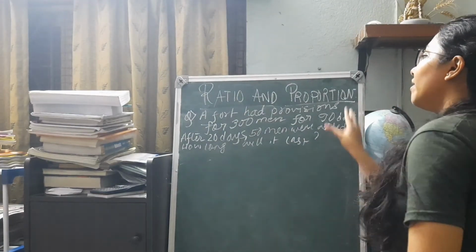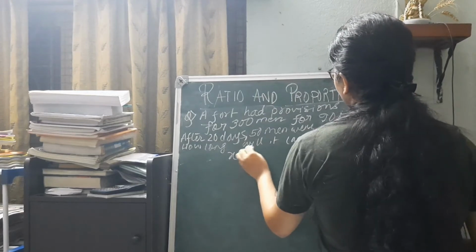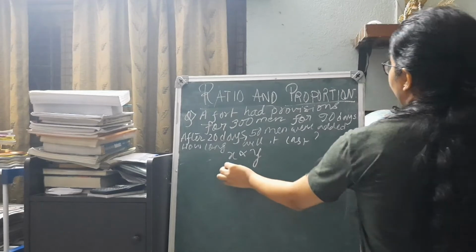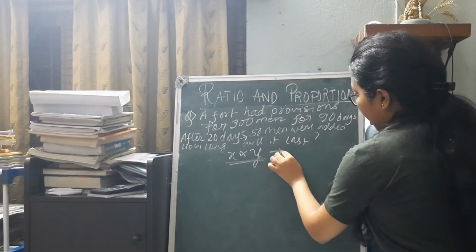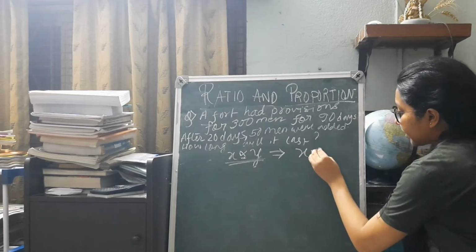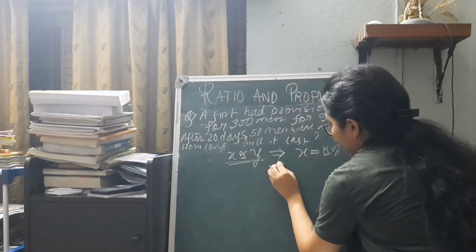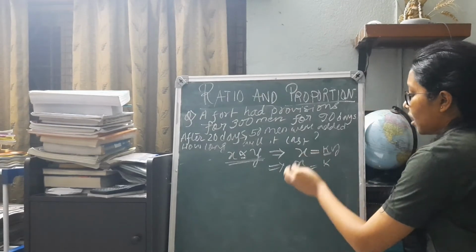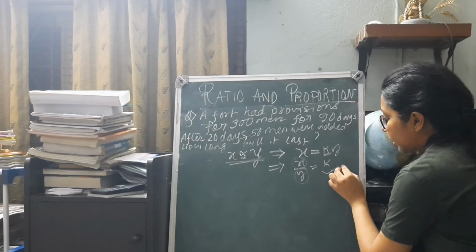Before we begin the question, a most important understanding: when we go for direct proportion, that means x is directly proportional to y. Removing the proportionality sign, it becomes x is equal to ky, k times of something. That means x by y is equal to k, because x and y taking any value will always result in k.